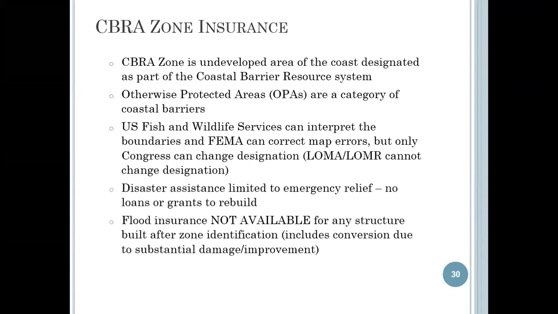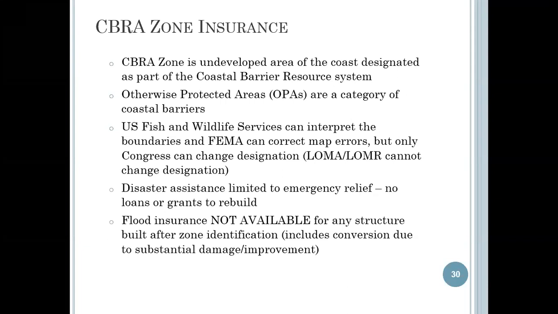COBRAs are actually not regulated by FEMA. They're regulated by Fish and Wildlife. We just mapped them, or we used to map them, on our maps. These are areas reserved for undeveloped communities that will contribute to lessening the wave action coming into properties.